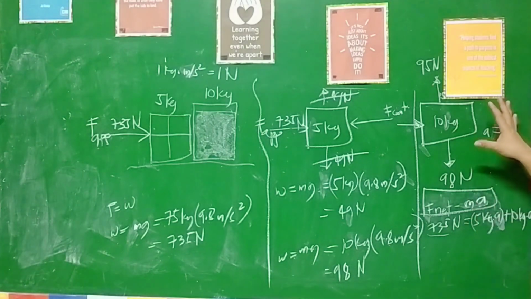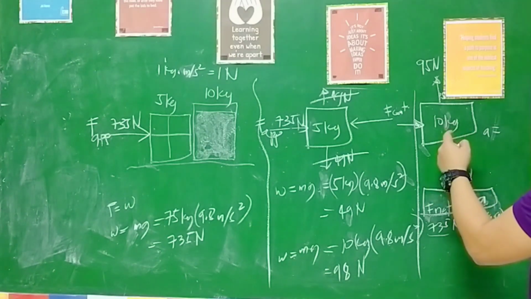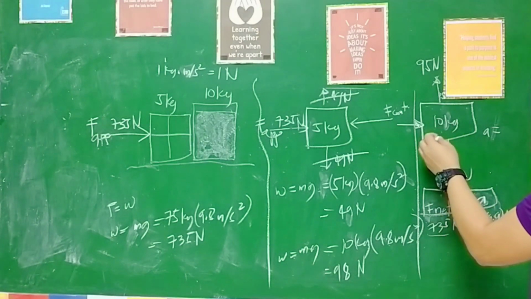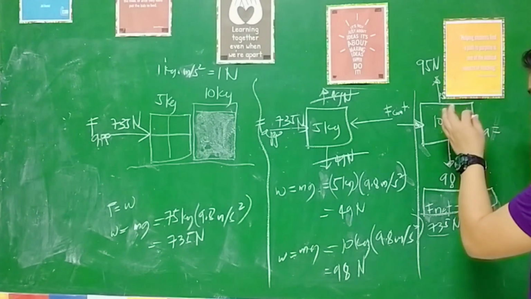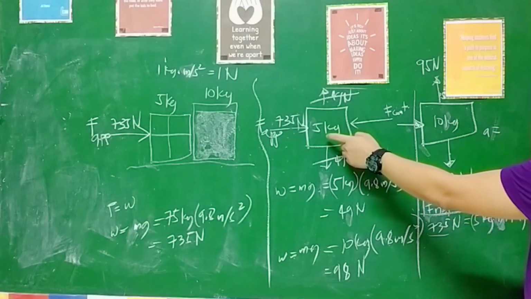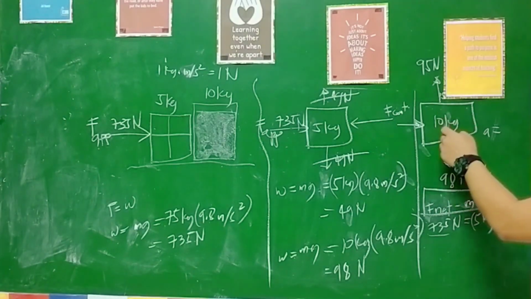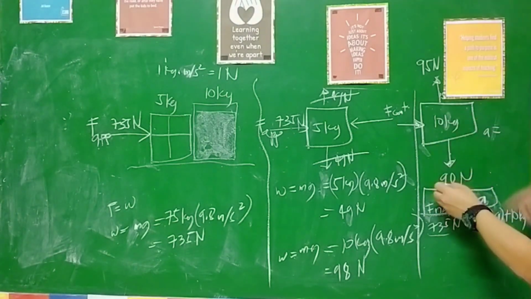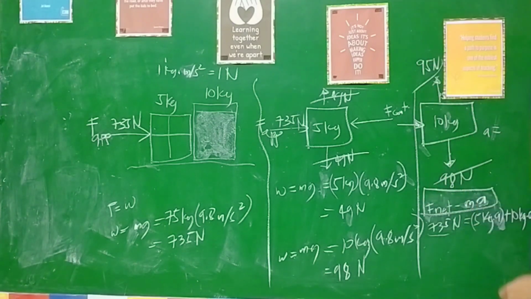In box number 2, you will notice here we don't have any net force. Kasi the force of this box rely on the force pushed from box A, which is 5 kilograms. Therefore, we will just copy 10 kilograms, and this will be as well cancelled out dahil equal yung kanilang magnitude.